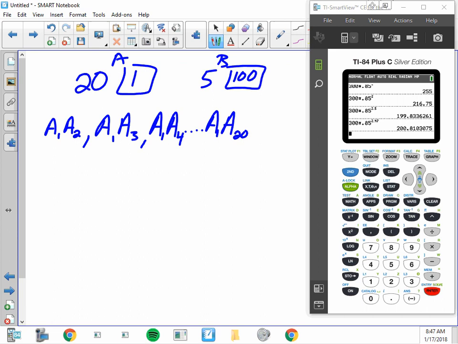Then what? What else could happen? Have I finished all the A1s? Well, I need to do A1, B1, all the way up to A1, B5, and the smartboard just died. Shoot.